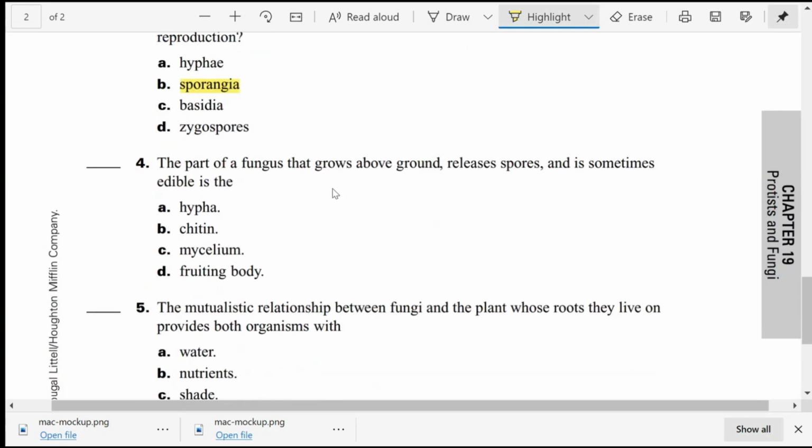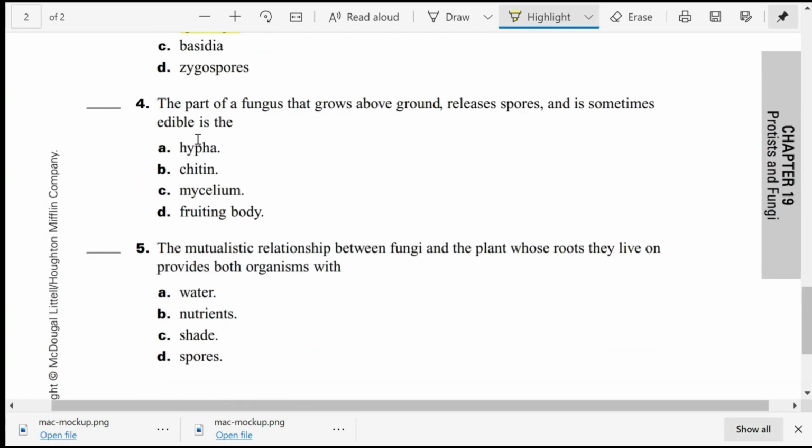Yes. So let's go to question number 4. The part of a fungus that grows above ground, releases spores and is sometimes edible. The one that we can eat, the one that may be put on the crust of the pizza, the one you can make a sauce from.